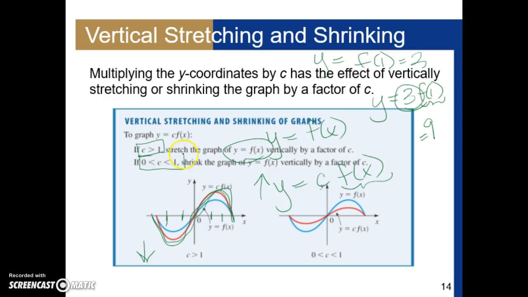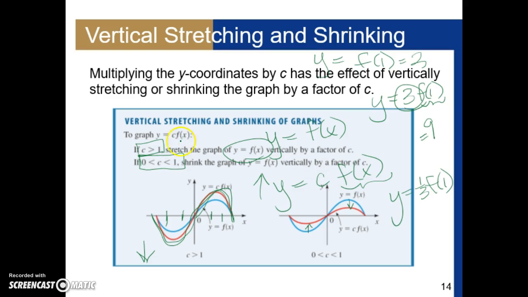But for fractional values, any fraction between 0 and 1, let's say my favorite, 1/3, that is going to vertically compress our function. See how now these outputs are compressed from the original function y equals f of x.